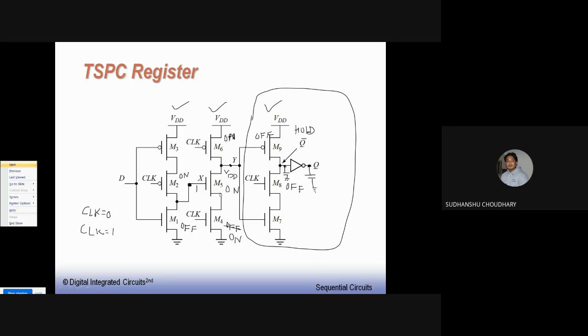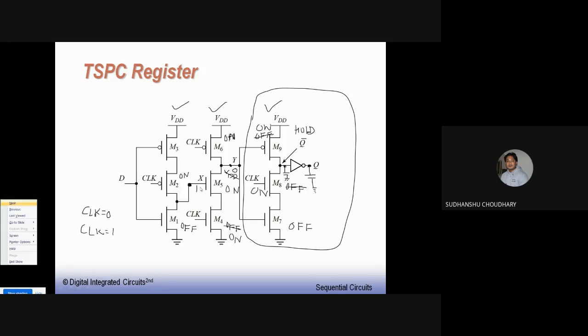That is, this node Y, which was earlier held at VDD, will now lose its charge and become 0. Now this 0 is applied to this PMOS, so this PMOS also turns on. And since clock is 1, this also turns on, and this one is off.